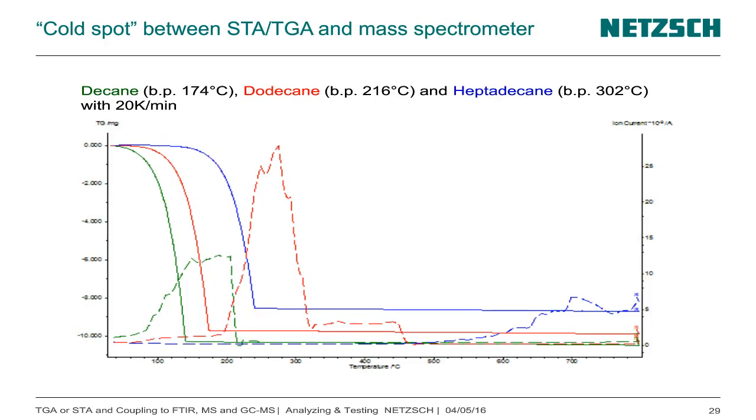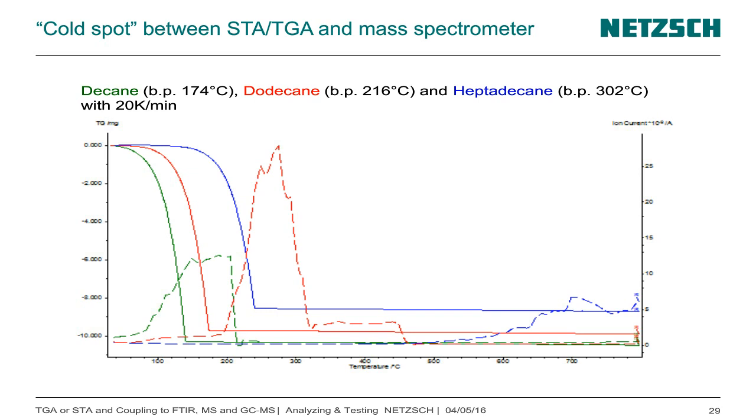And one big problem is always, if you make your own coupling of an instrument, you must be aware whether you have a cold spot, yes or no. Here are shown three solvents: decane in green, dodecane in red, and heptadecane in blue. They have boiling points from 174 up to 302 degrees C. And with the dashed lines you see the total ion current in the mass spectrometer.